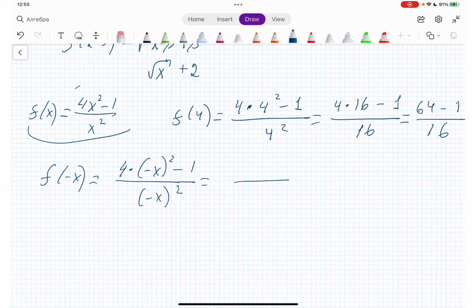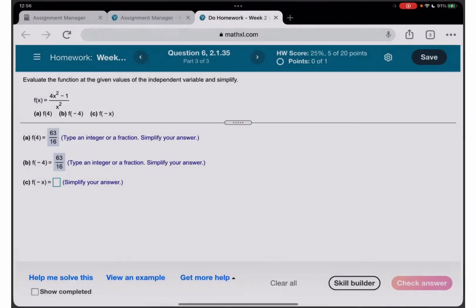So we are getting 4x squared, because negative x squared is going to be positive, right? There is no number that you square, you get negative. Minus 1, and here it's going to be x squared, and this is going to be our answer. 4x squared minus 1 over x squared. Okay?